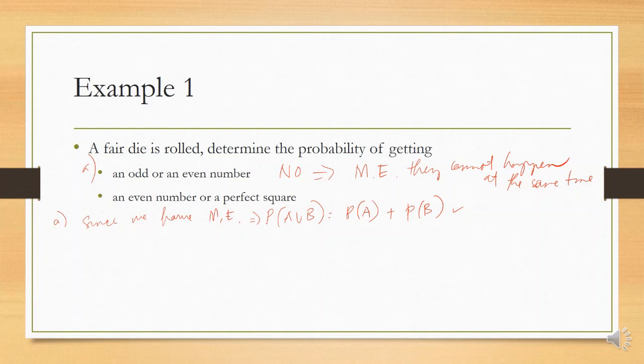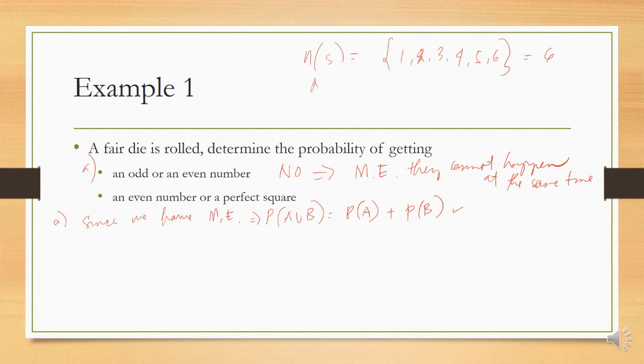Now, let's write our outcomes again. Our n of S contains 1, 2, 3, 4, 5, and 6. So, this is 6 outcomes.